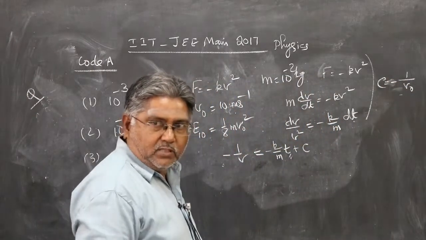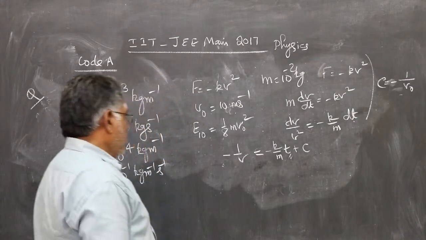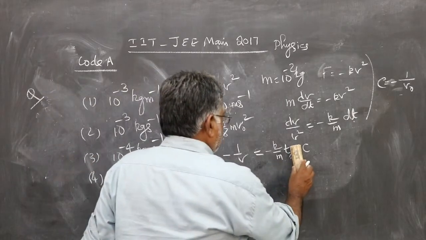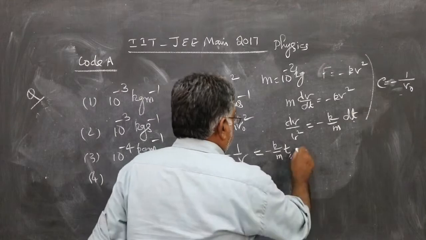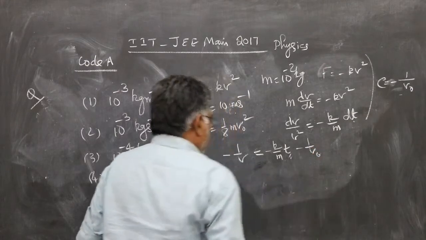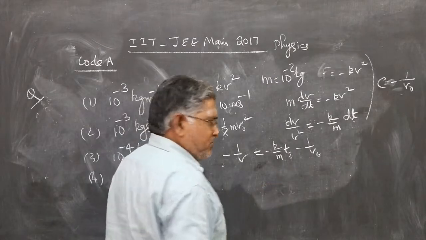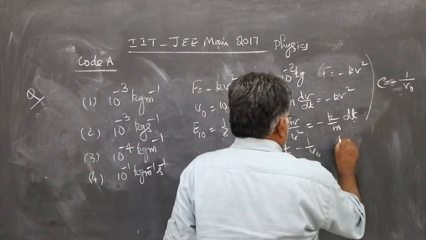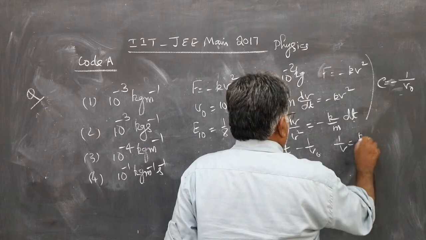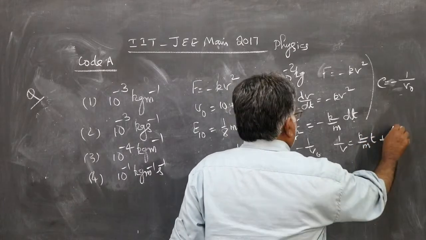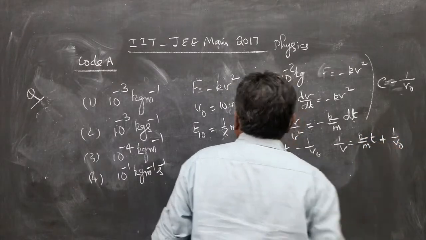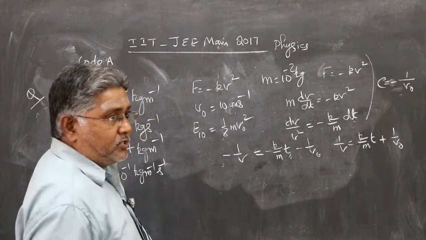Now you just keep it as V0 only. So I write C as minus 1 by V0. Now here minus, here minus, here minus. Simply make everything positive. So 1 by V is k by m into t plus 1 by V0. Don't forget that V0 is 10.